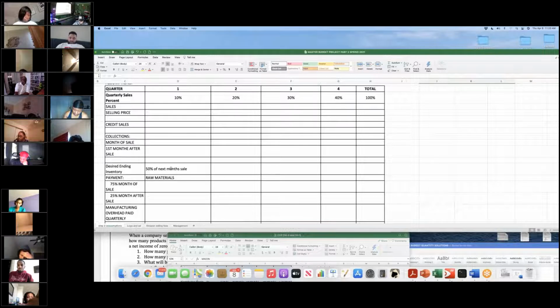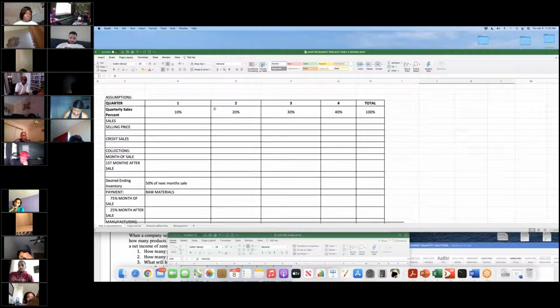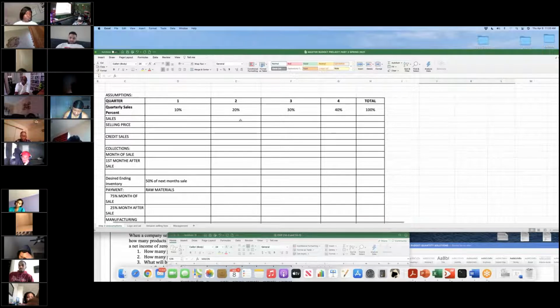Your desired ending inventory. When you run a business, you don't come into the next period with no inventory. So 50% is a good amount that you're going to produce in the quarter prior to it occurring. So in quarter 1, you've got to produce what you're going to sell in quarter 1, plus half of what you're going to sell in quarter 2.